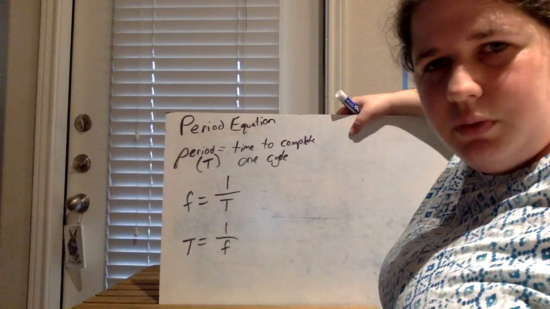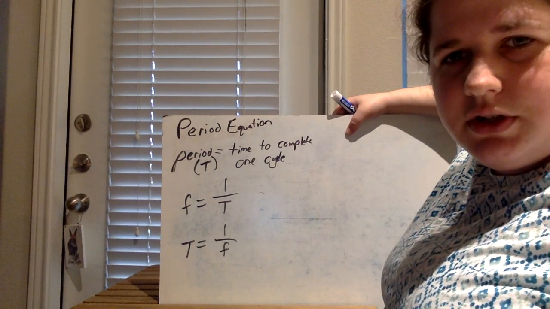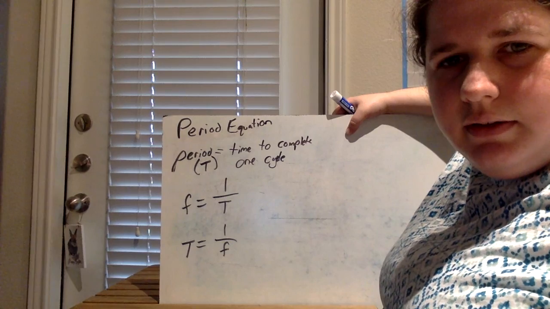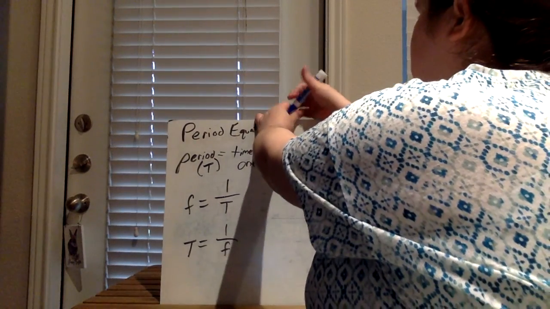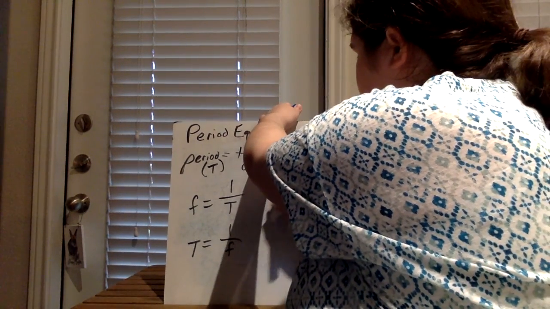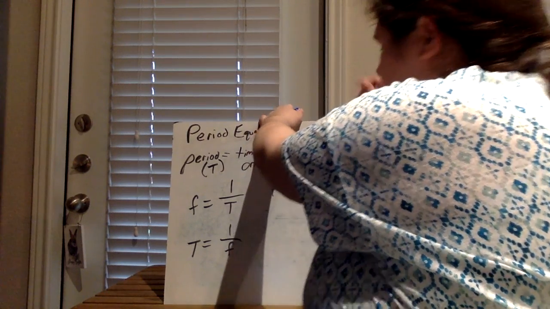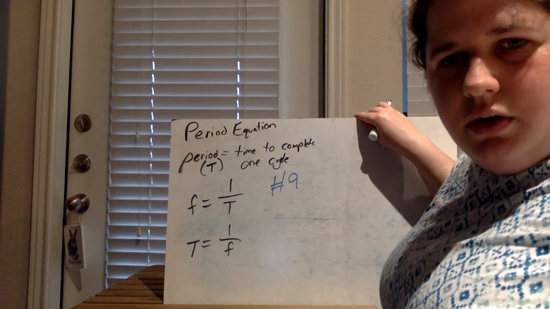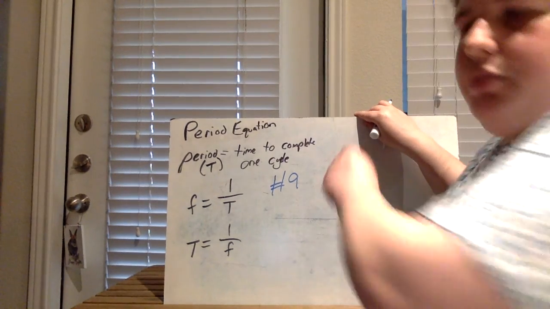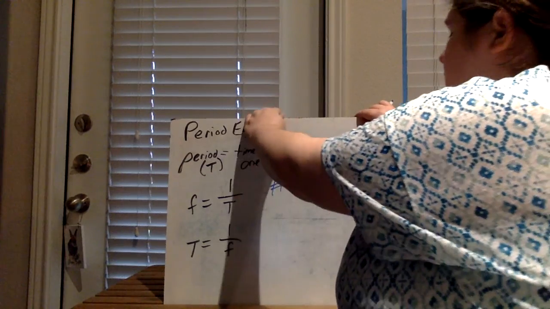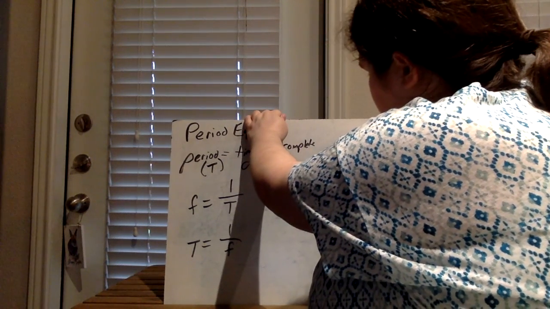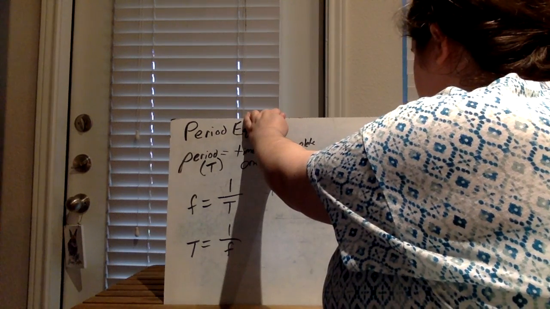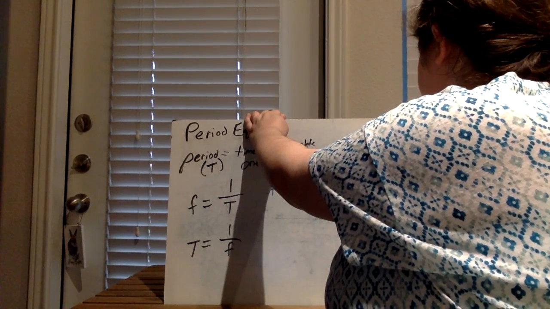This is for wave calculations number 2. Let's look at problem number 9. Number 9 says ocean waves are hitting a beach at a rate of 2.5 hertz.